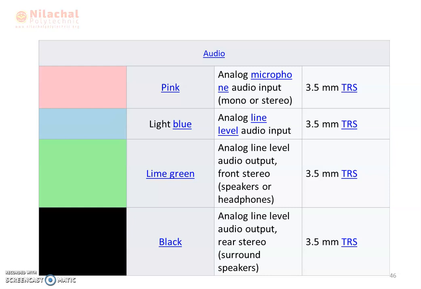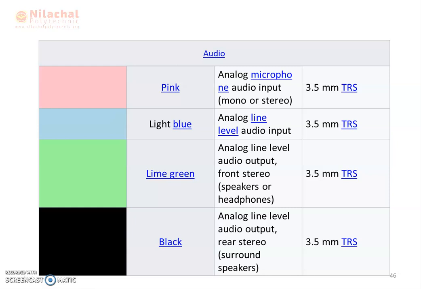Next we have our next audio connector, of light blue color, which is an analog line level audio input. Line level is a specified strength of an audio signal used to transmit analog sounds between audio components such as CD and DVD players, TV sets, and audio amplifiers. Next is our lime green color analog line level audio output.